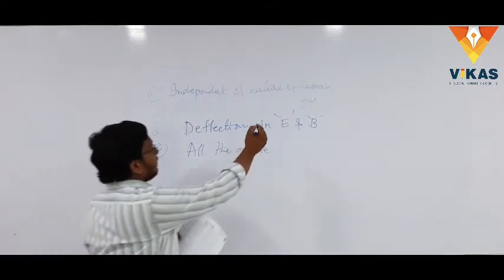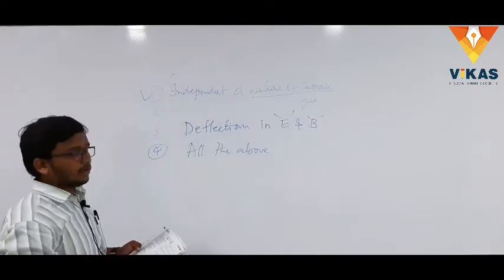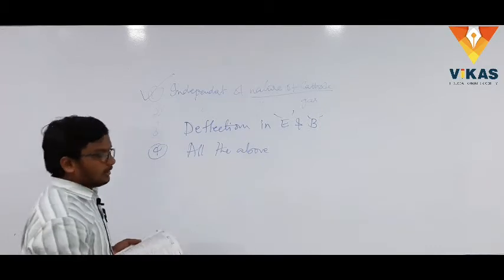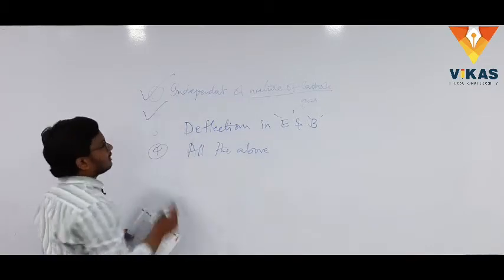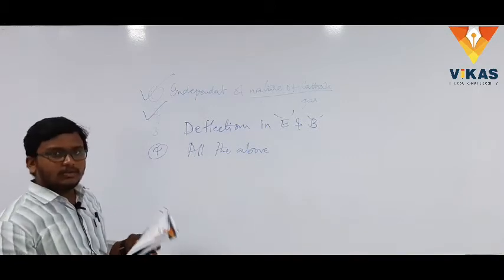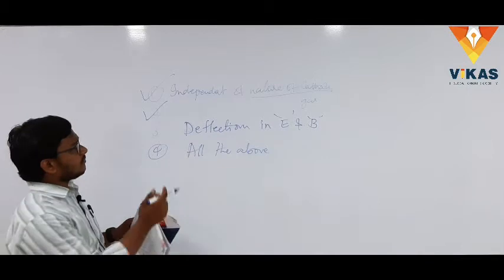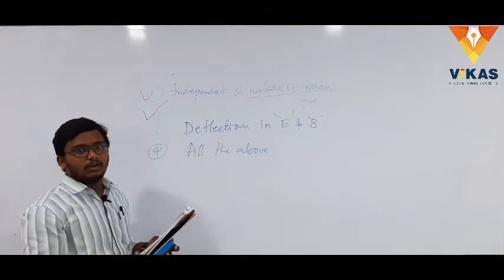Yes, it is independent of nature of cathode. Irrespective of whatever we are using as the cathode or anode, they absorb the cathode rays, and it is also independent of gas. Whatever gas we are using, we are still able to see the cathode rays, and it doesn't change the value of charge to mass ratio.